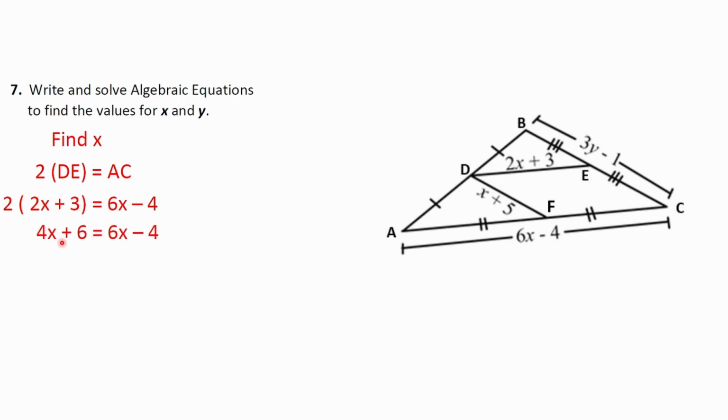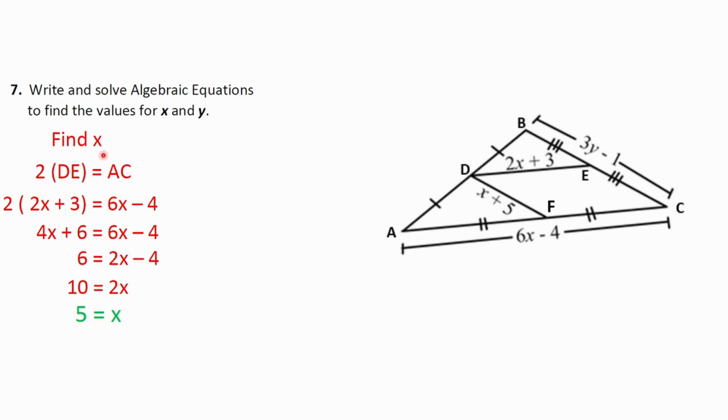And then when I do that, I'm going to get 4x plus 6 on the left, 6x minus 4 on the right after distributing that 2 across. If I subtract 4x from both sides, I'm going to get 6 left over on the left, 2x minus 4 on the right. Add 4 to both sides, I get 10 on the left, 2x on the right, which leaves me with a value of x that is 5.